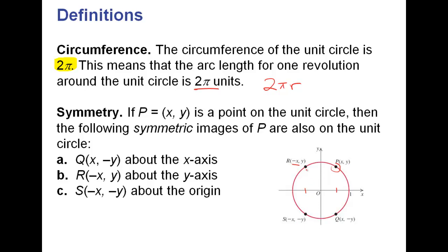All positive, all negative, one's positive, one's negative, one's negative, one's positive. That'll help us out later when we're trying to memorize these trig functions, because instead of having to memorize what they are in all 4 quadrants, all we have to do is remember what they are here in quadrant 1. We'll talk about reference angles and things being in the first quadrant.